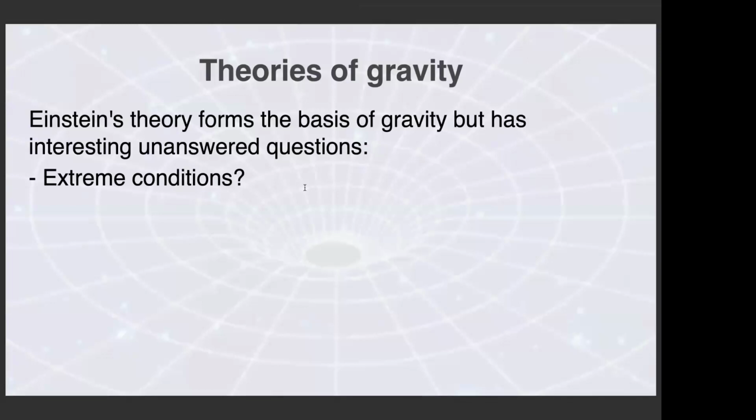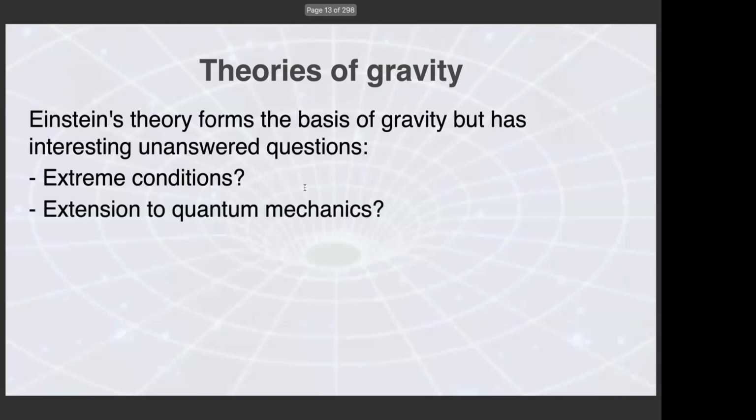But we have some mysterious places in it, or some holes in our understanding, like for instance, what happens when we have very extreme gravitational fields, for instance, in the vicinity of or inside black holes. We also famously don't know a good way to extend Einstein's theory to quantum mechanics. I'll explain how we are working with it in terms of quantum field theory.